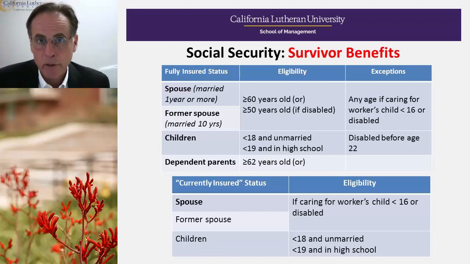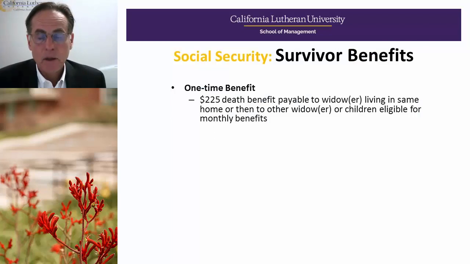Parents who depended on that worker who just passed away. In the respect that the worker is not fully insured but currently insured, then we're looking at the spouse, the former spouse, and the children who would receive survivor benefits. Moreover, there is a one-time death benefit of $225 paid to the widower who is living in the same house, and then it goes down the line from then.